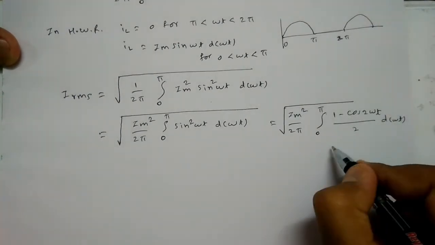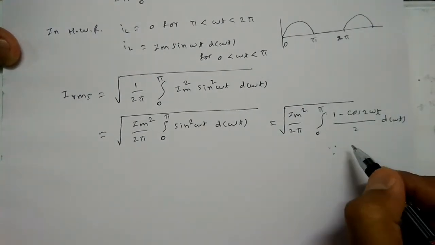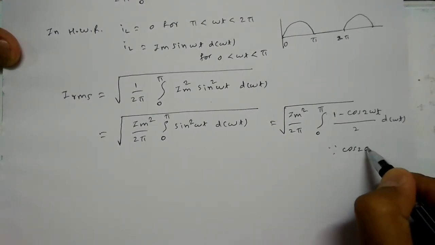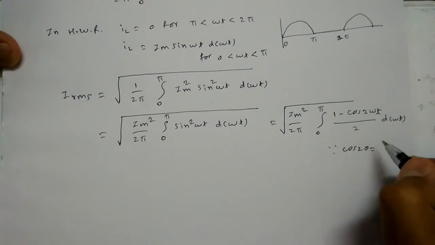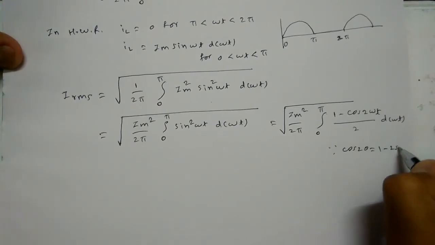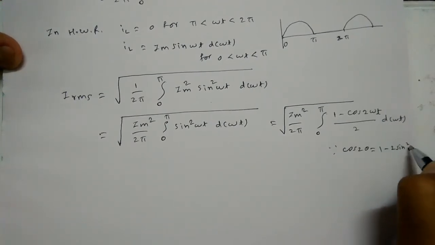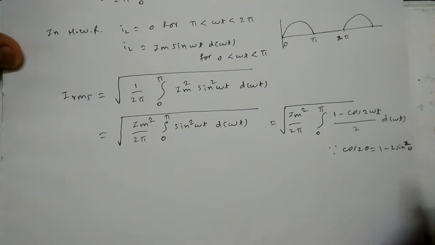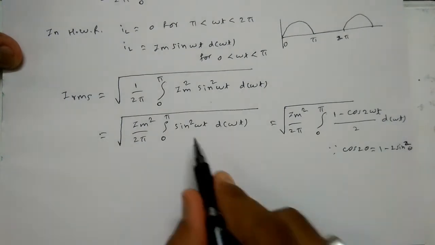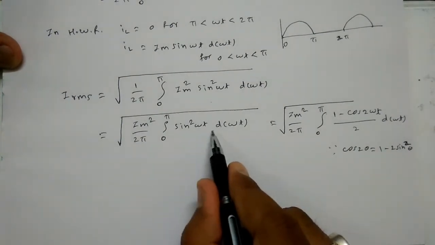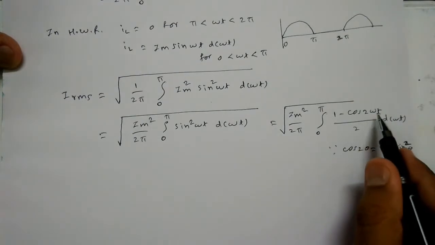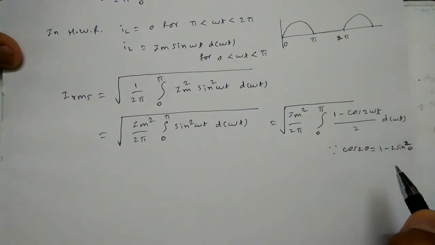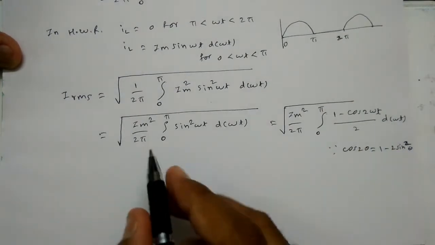Why this? Because we know that cos of 2 theta can be given like 1 minus 2 sine square theta. This is the equation all of us know. So that's why we have replaced this term sine square omega t by this 1 minus cos 2 omega t divided by 2, right? Now let us solve it further.